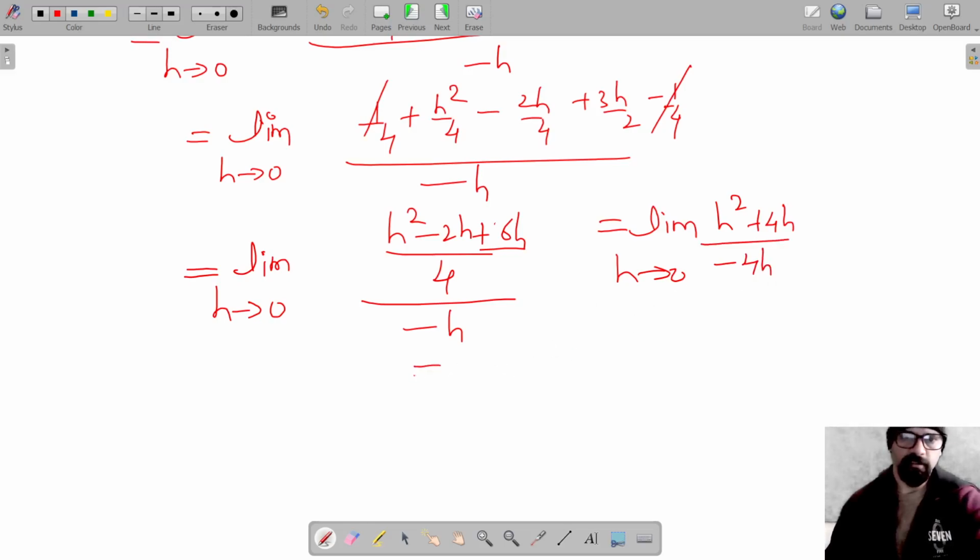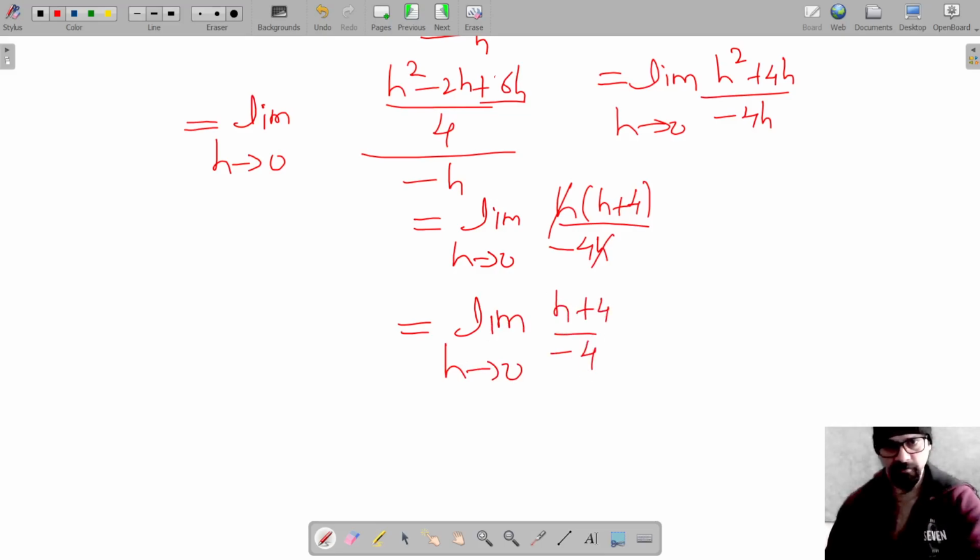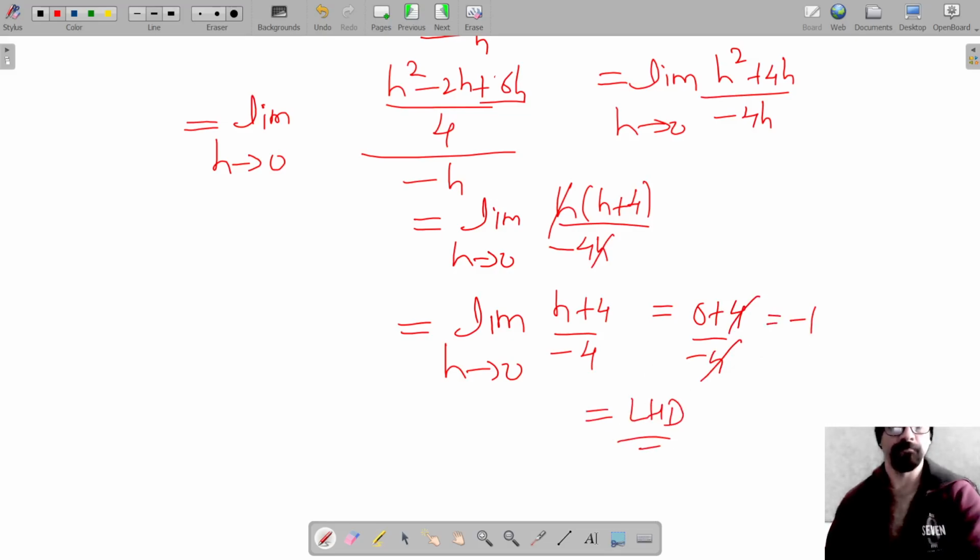We can take h common. So limit h tends to 0, h is common, so h plus 4 upon negative 4h, this gets cancelled, and now it's limit h tends to 0, h plus 4 by negative 4. And if we take the limit, this gives me 0 plus 4 by negative 4, which is equal to negative 1. So left hand derivative is also negative 1. This is our left hand derivative, which is negative 1.